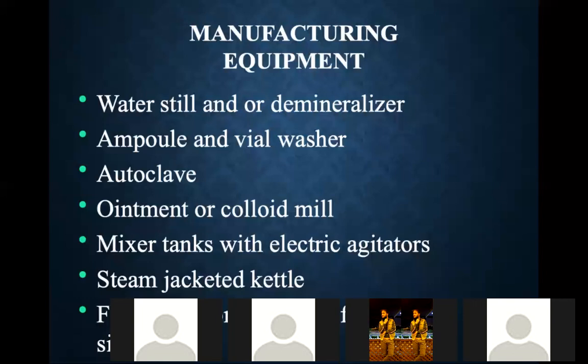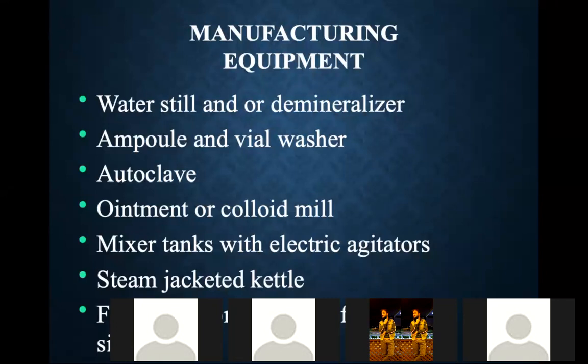So sometimes you have to prepare ointments. Ointment or colloid mills are also a must in that area. Mixer tanks with electric agitators, because in your kitchen at home you have various types of mixers, but for industrial purposes they have big tanks. They're big mixers, so they must be agitated with the help of an electric agitator, not manually, not by hand.